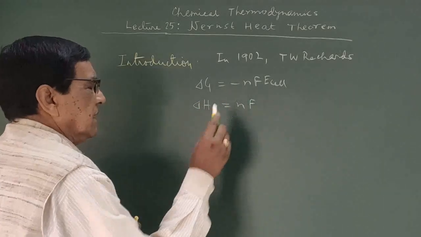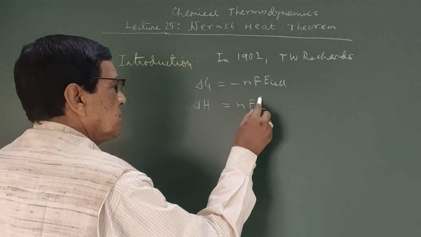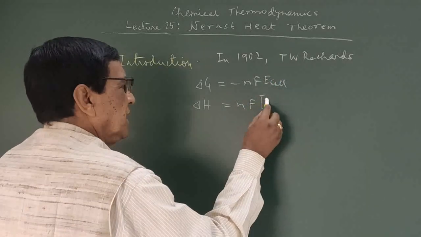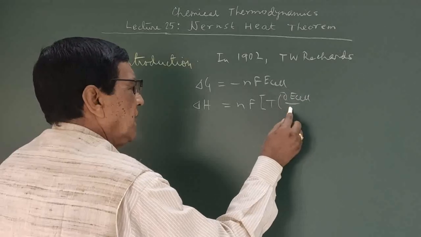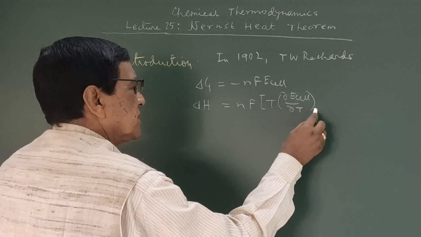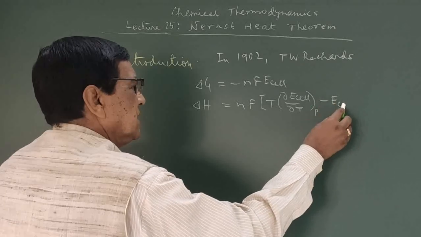For delta H, he used this formula: delta H equals minus nF times (E cell minus T times del E cell by del T at constant pressure).